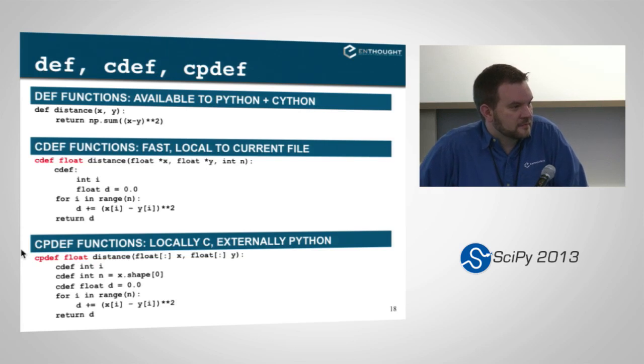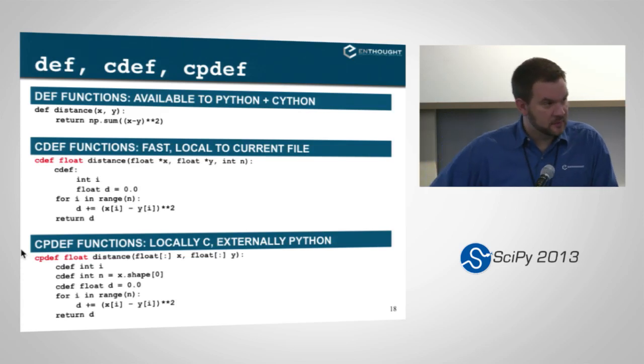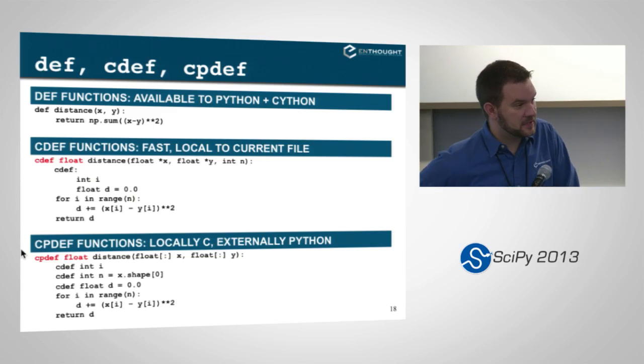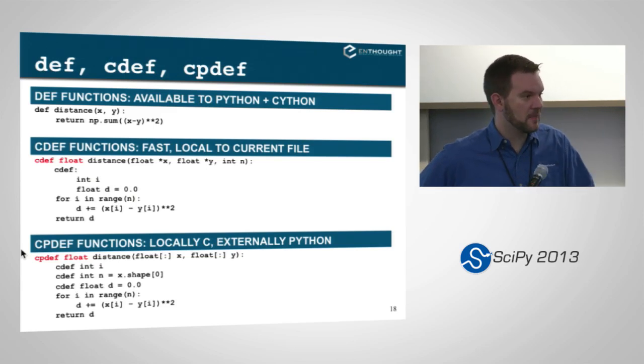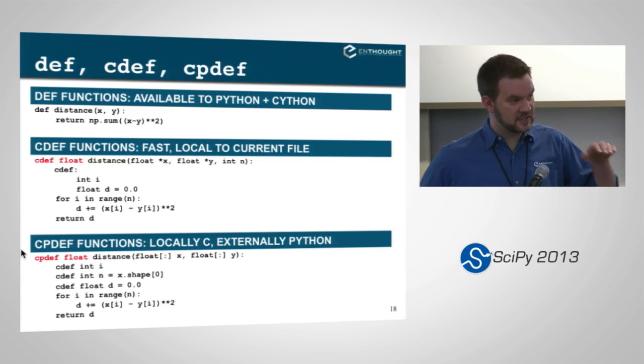Well, in the body of this function, you're still able to use as much C as you like. You can unpack stuff and use C pointers inside of the body. That's perfectly fine. It's just the function signature that has to be compatible with Python. That's the only restriction to cpdef functions.